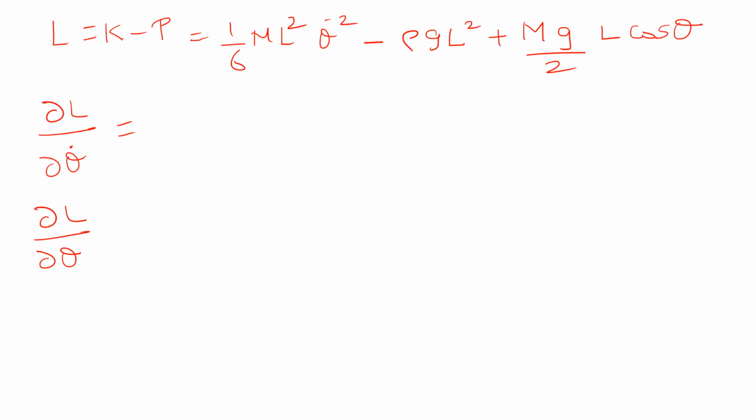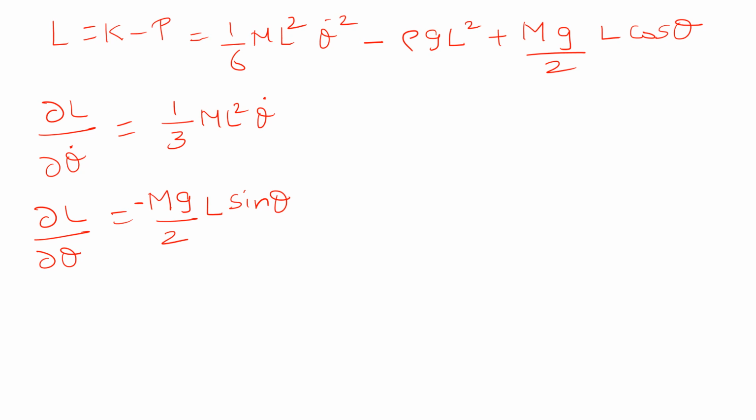As you see here, only the kinetic term has theta dot. On differentiating with respect to theta dot, we get 1 by 3 m L squared theta dot. Then differentiating with respect to theta, dou L by dou theta will be equal to minus mg by 2 L sine theta.